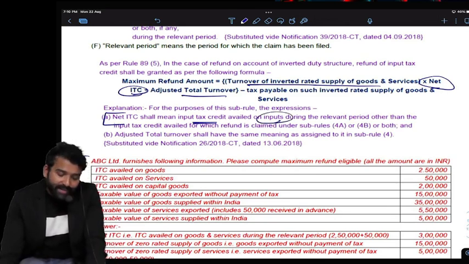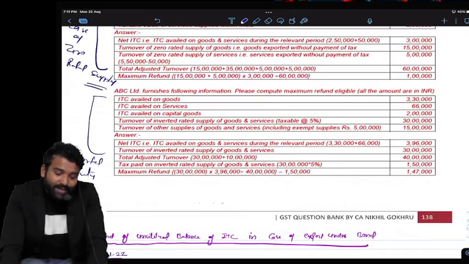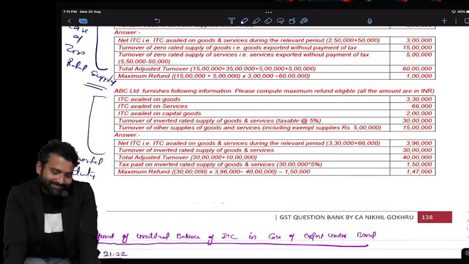On inputs means, in case of inverted duty structure, not even services, only and only inputs. Okay, great. So I have attached the examples as well. Not only the printed example, I have even prepared some examples.